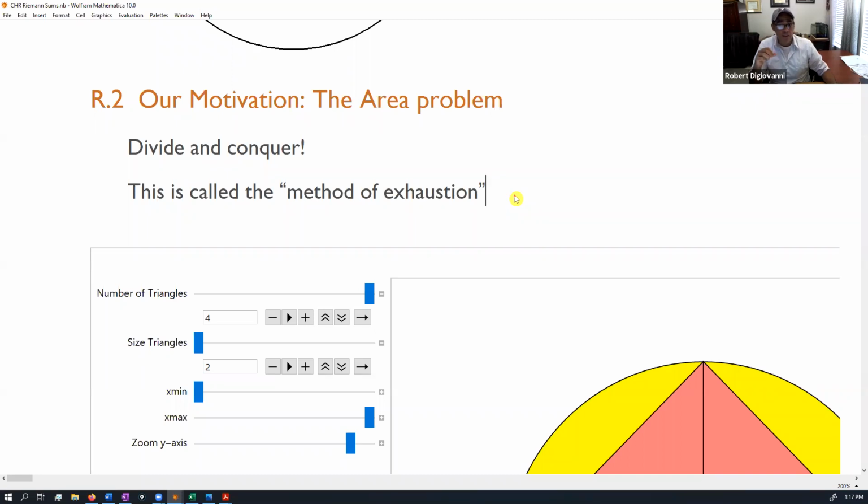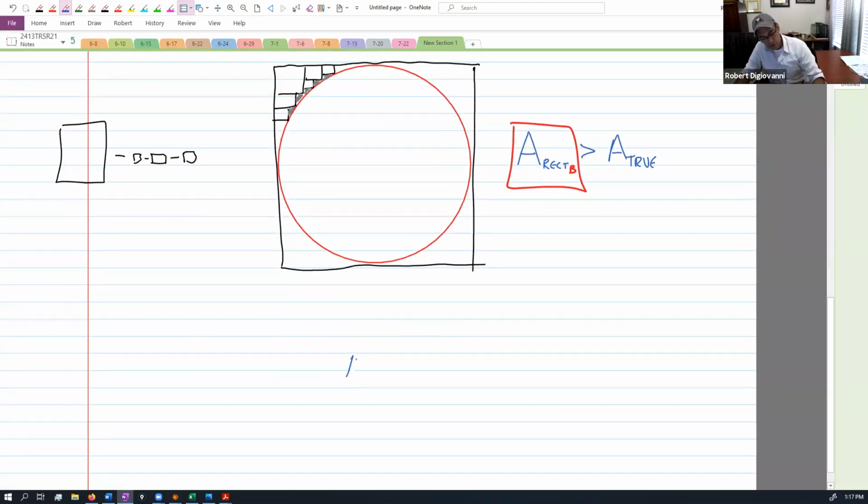The Chinese did this to a precision that is just remarkable. They were able to get it so good that they determined that the area of a circle was approximately 22/7 r squared. Not pi r squared, but 22/7 r squared.